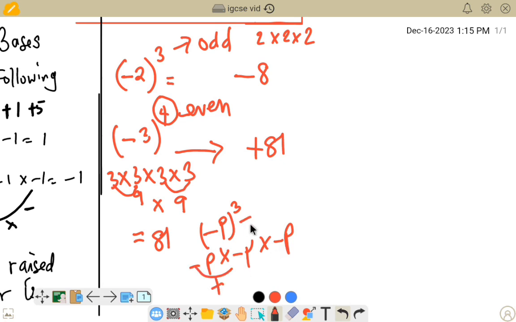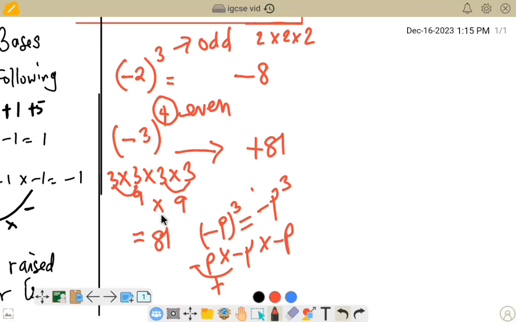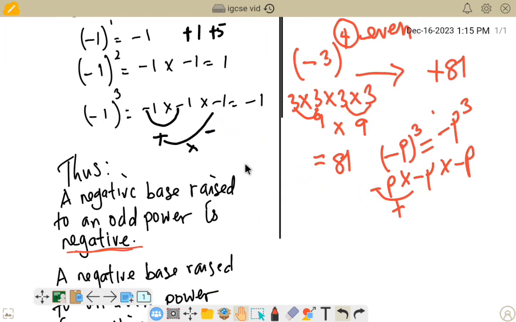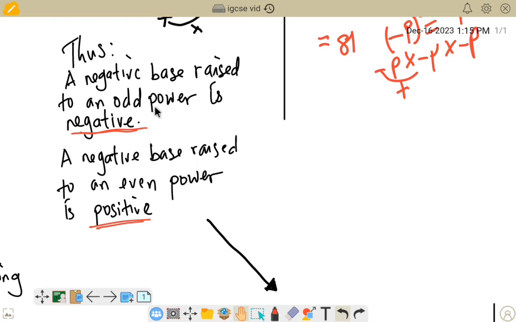So at the end of the day, you have minus p raised to the power 3. So just know that for even power you have a positive answer, and for odd power you have a negative answer. So let's move right back to the initial topic. Don't forget, if the negative base is raised to an odd power, the answer will be negative, and if you have a negative base raised to an even power, the answer will be positive.